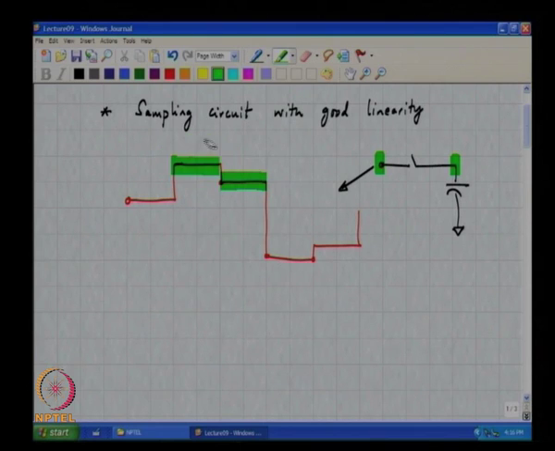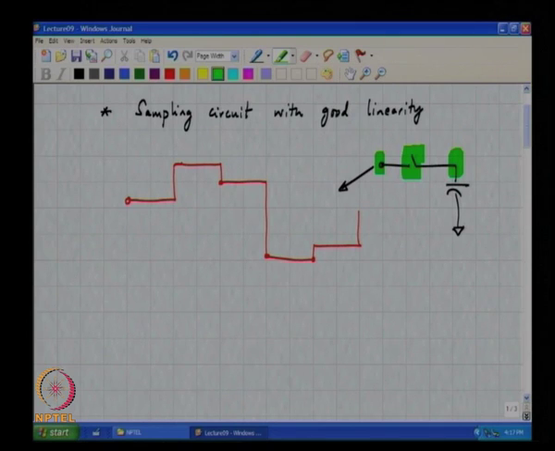So, if the current towards the end of the clock period, which is what you are interested in sampling, right, is 0, then even if the switch is nonlinear, the voltage drop across that switch is 0, which means that in principle there is no problem with sampling a distorted version of the input.